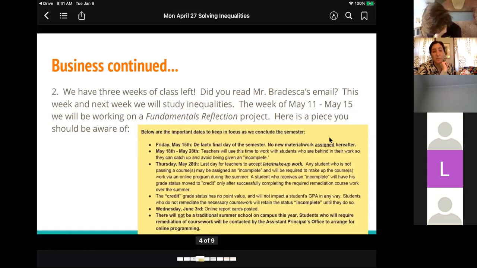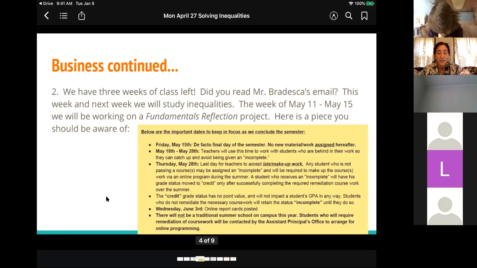Some people have been off the grid, some people were sick, there's all kinds of reasons why people don't have their stuff done. So if you are in that boat, if you do not have your stuff done, which, looking at this list, this group has been pretty good, at least in my class, with keeping up. That is what that time is for.